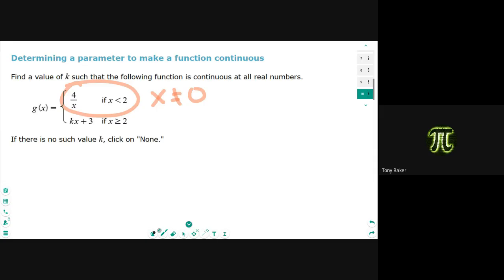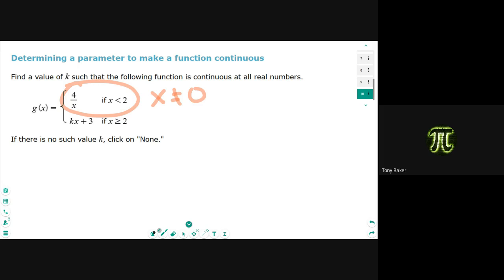So there is a discontinuity at 0 that I would not be removing by doing this work. So there is no value that I could make K to remove all the discontinuities. I can remove the one at 2, but I can't remove the one at 0. Does that make sense or no?